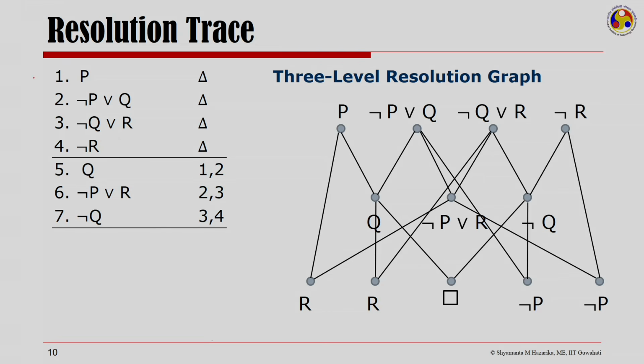At the first level, you could see that I have all the clauses from the initial set of clauses delta, and from them I could derive 3 clauses: Q, not P or R, and not Q. These 3 clauses form the second level of the resolution trace. The resolution trace, as you can see, captures the information of the resolution graph in a linear form.